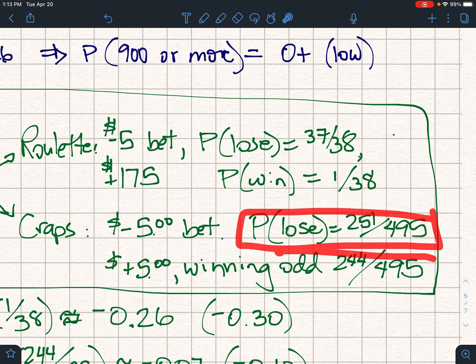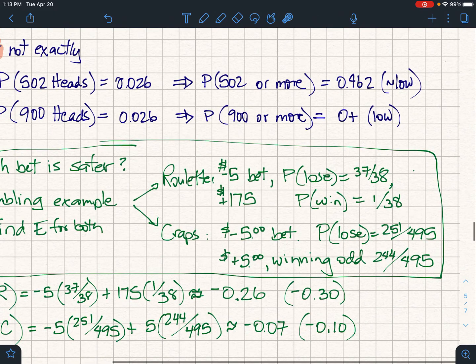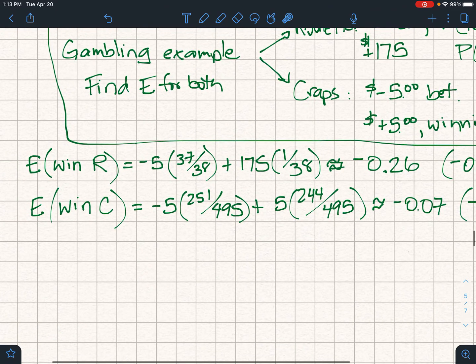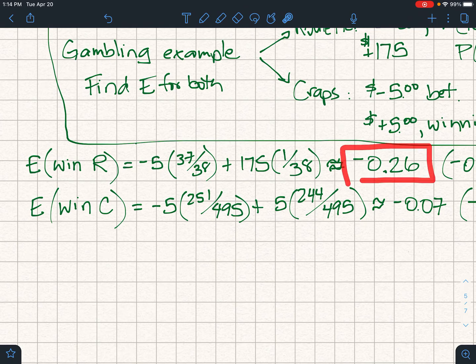And here we can see that our probabilities in this case are much closer to that halfway threshold. So we do a little bit of math and see what these turn out. So we take our bet, that's our money out, times the probability, plus the money in times the probability of winning that, gives us an expected value.